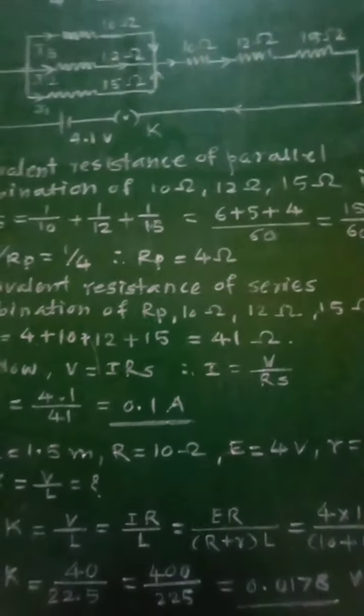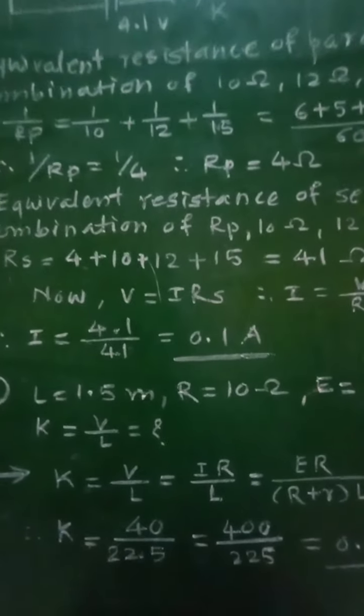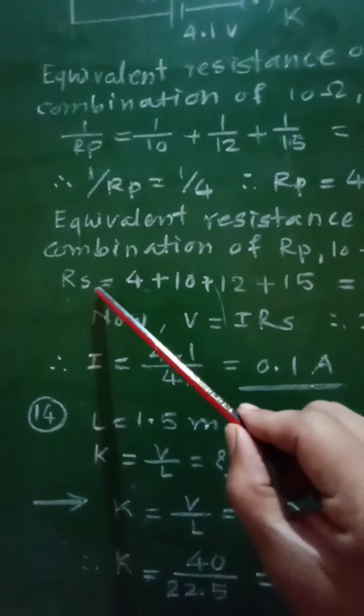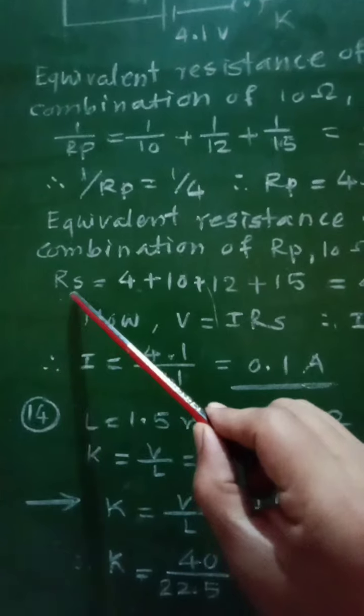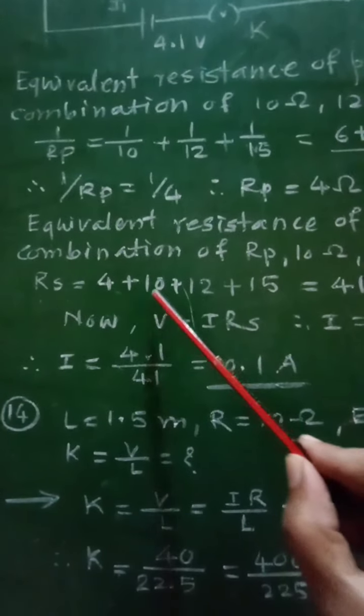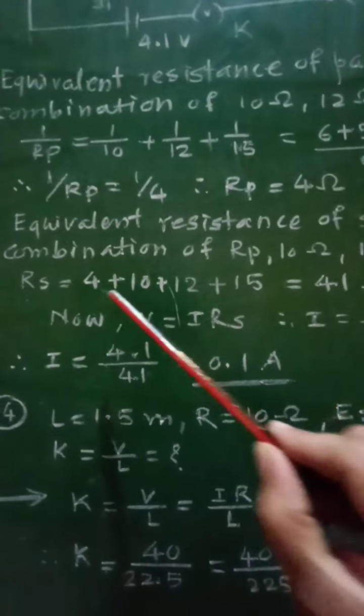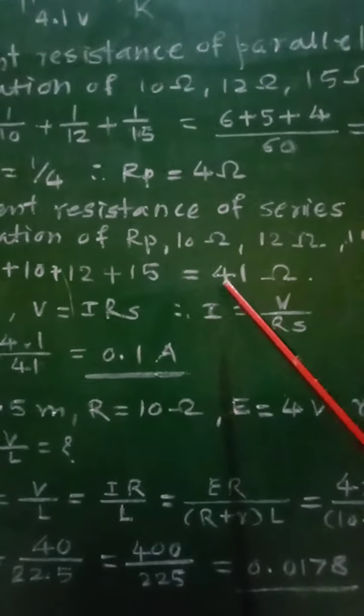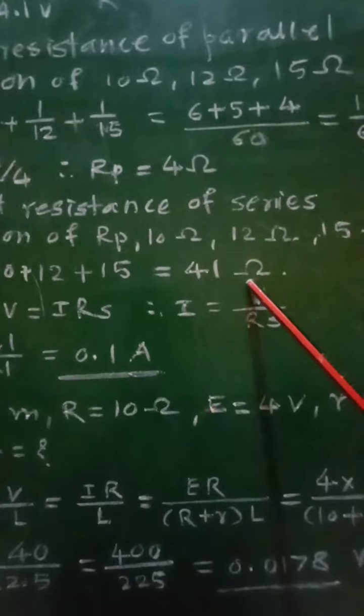Therefore, in all, four resistances will be connected in series and therefore equivalent resistance of that series combination will be Rs equal to 4 plus 10 plus 12 plus 15. 4 is nothing but Rp and therefore addition of it comes out to be 41 ohm.